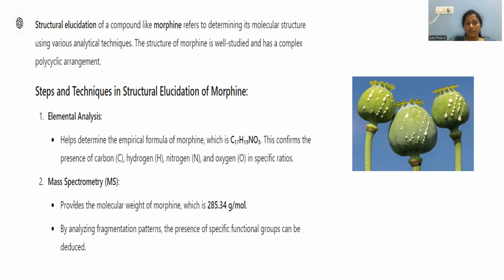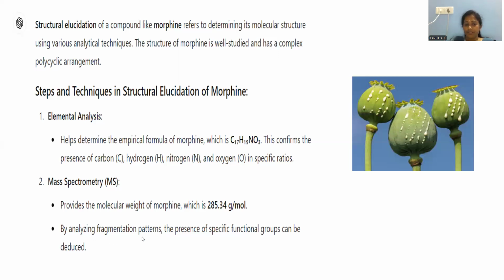Next, let's go with mass spectroscopy. Mass spectroscopy is specially meant for molecular weight determination. Any compound subjected to mass spectroscopy, its molecular weight deduction is possible, and fragmentation. After the fragmentation, individual parts are subjected to determination as well. The molecular weight of morphine is identified as 285.34 gram per mole.